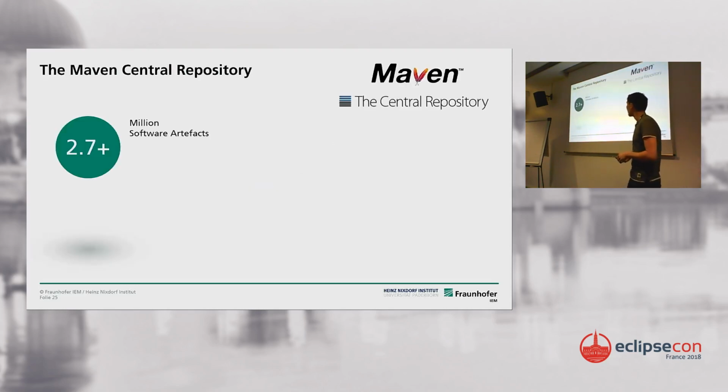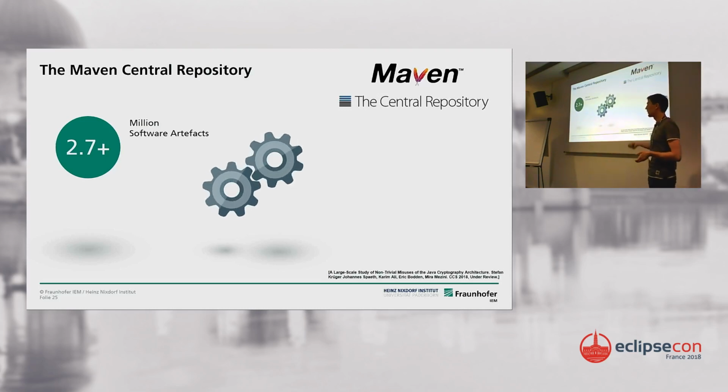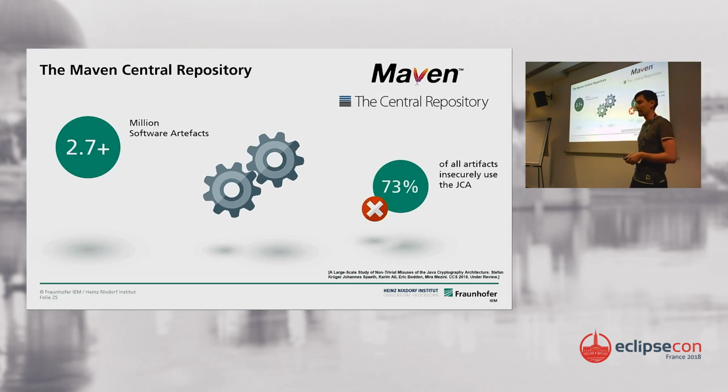Maven Central, for those of you who don't know, is a main repository which contains over 2.7 million software artifacts, and you can easily include all these artifacts within your software with Maven. We ran the static analysis on all the latest versions of the software artifacts contained in Maven Central, and we unfortunately found that over 73% of the software artifacts that use these crypto APIs use them in an insecure manner.